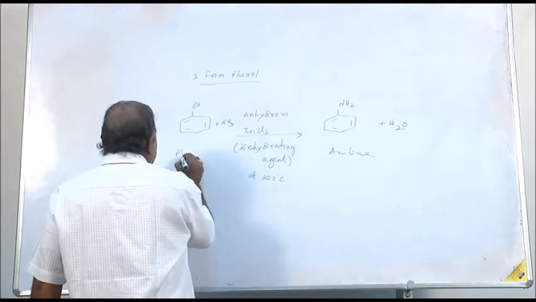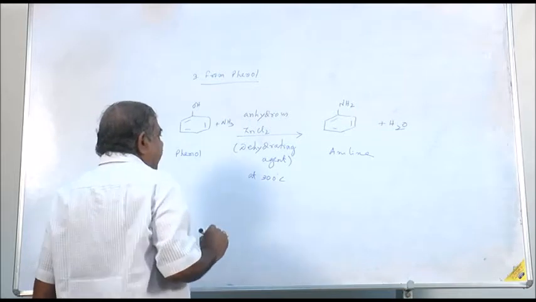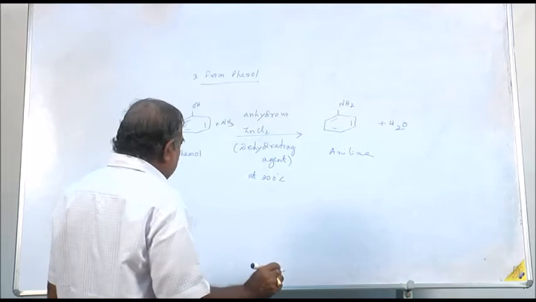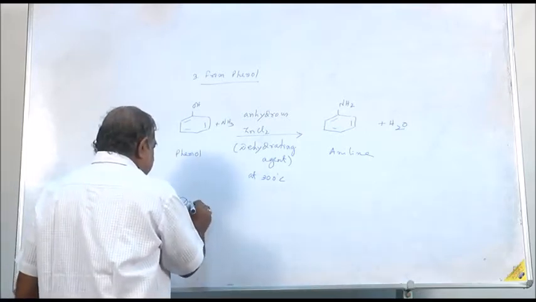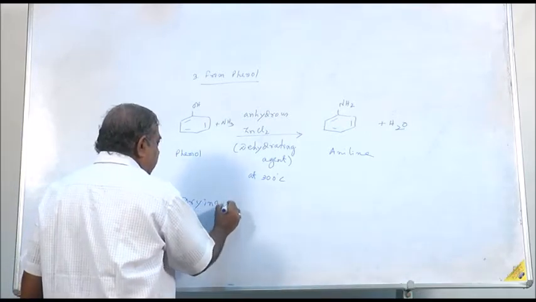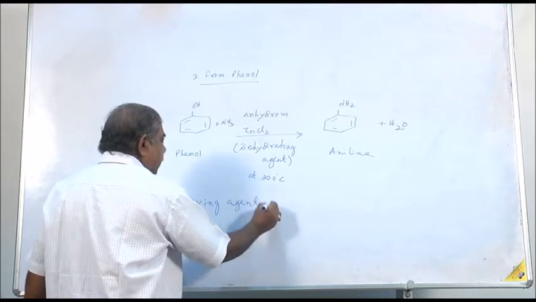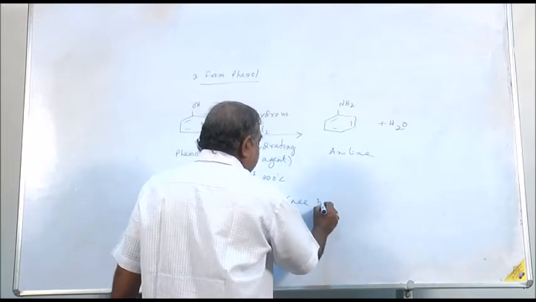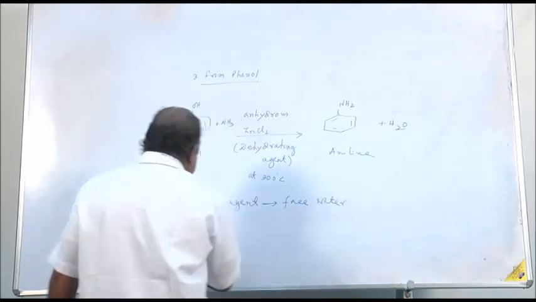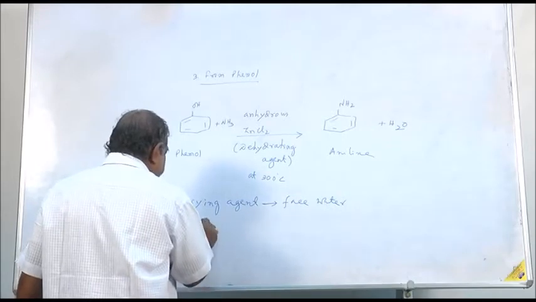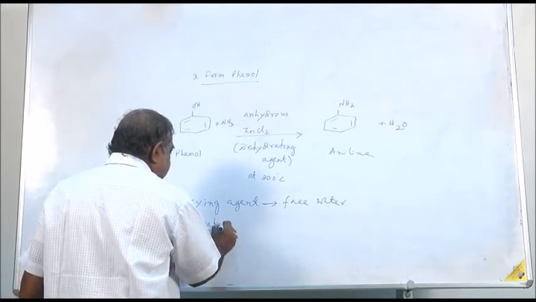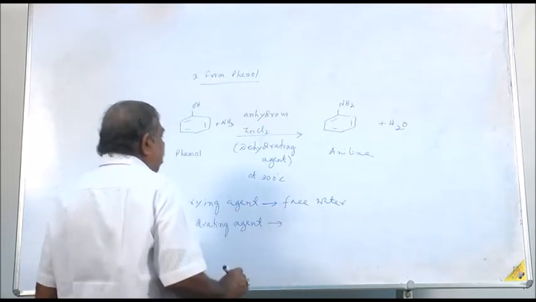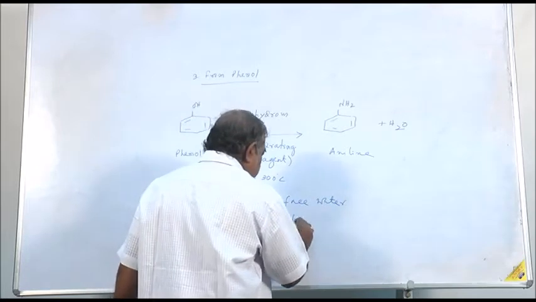this is your phenol. You should remember there are two different types of substance which take water. One is a drying agent, which takes free water, water that is already present. Another is a dehydrating agent, which takes water which is formed during a chemical reaction.